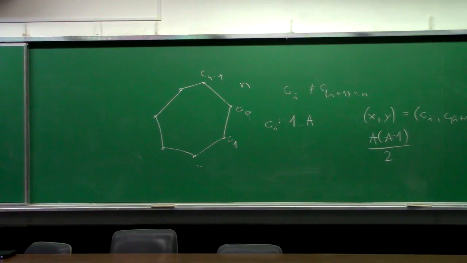So for example, we would have a graph of colors with 4 vertices. If A equals 4, then these are colors 1, 2, 3, 4.